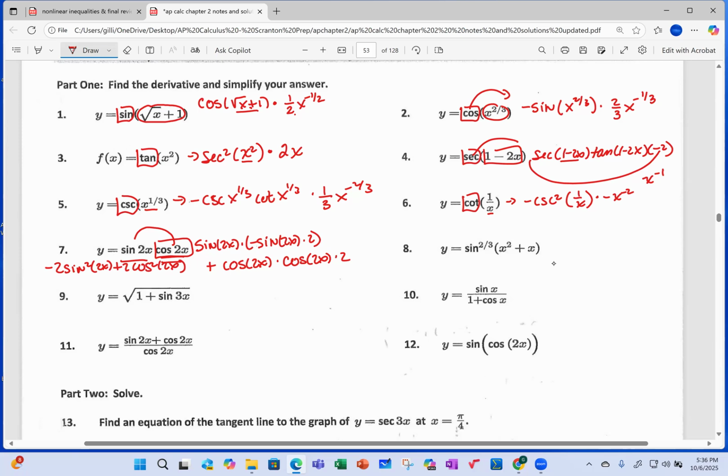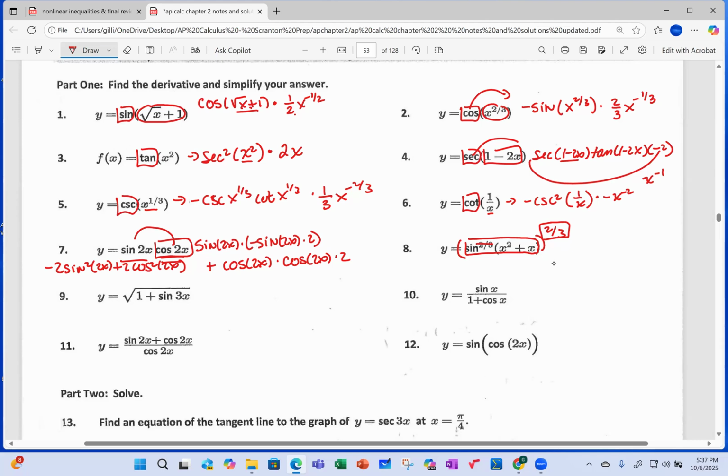In number 8, we don't have a quotient, we don't have a product, but we've got a function within a function. So I'm going to remove this power to the outside. My outside function is power, while my inside is all of this. So all I just did was take that power to the outside.